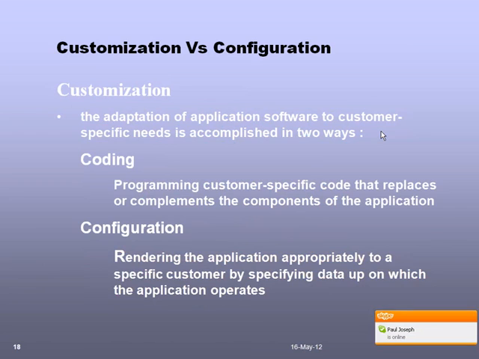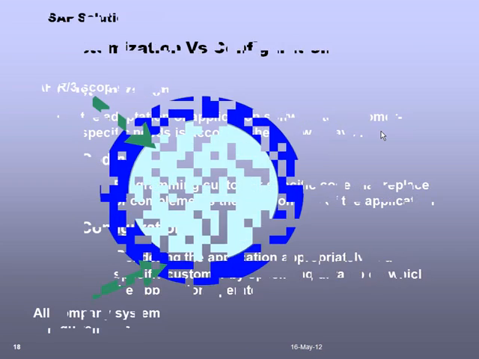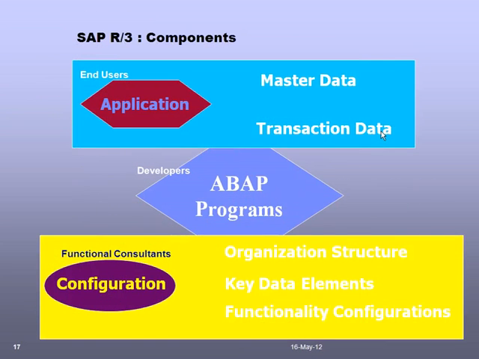Let me help you understand what customization versus configuration is. Customization is nothing but adapting the software to suit the customer's specific needs. This customization can be done by two means: one by configuration, the second by coding. The yellow strip that you see here below is called configuration.